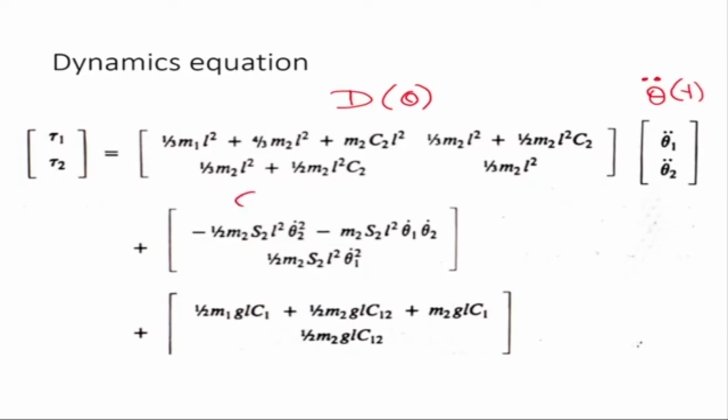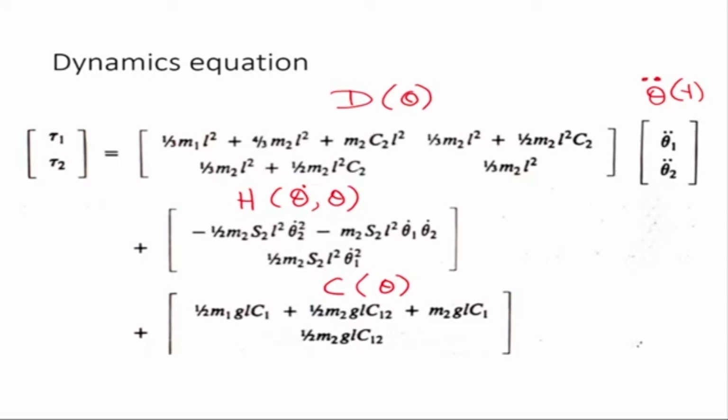This is my h, the Coriolis and centripetal force term, theta dot theta, and this is my c vector, which is the gravity vector, in terms of theta.